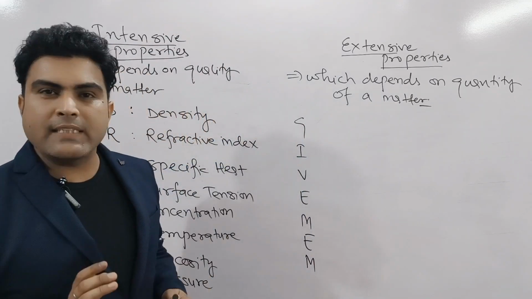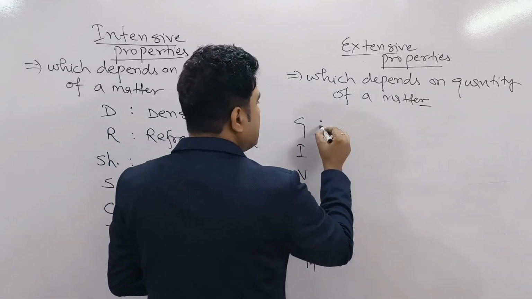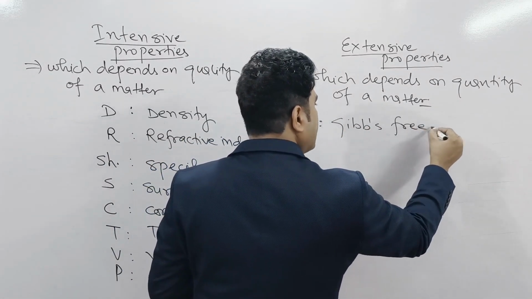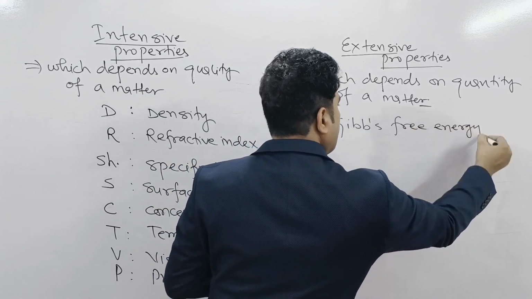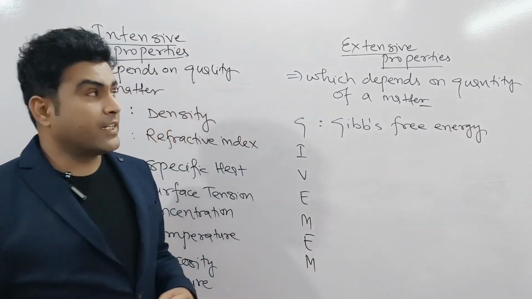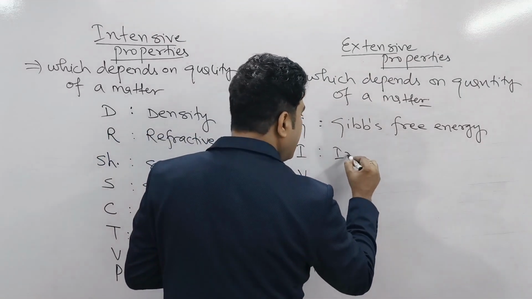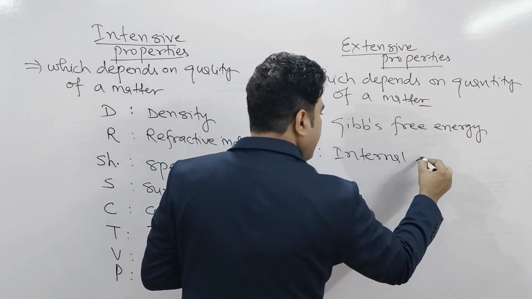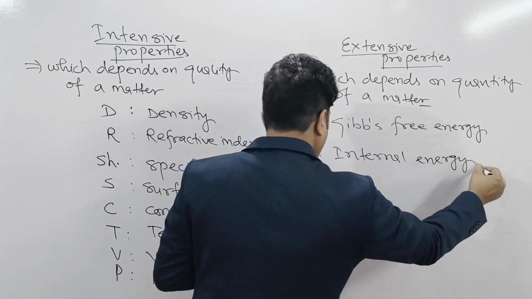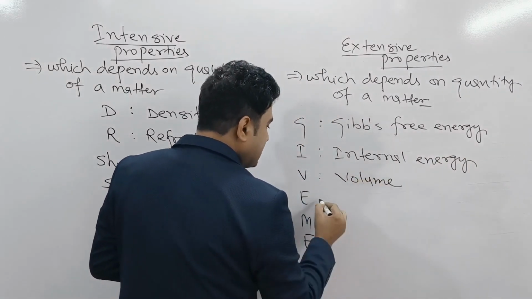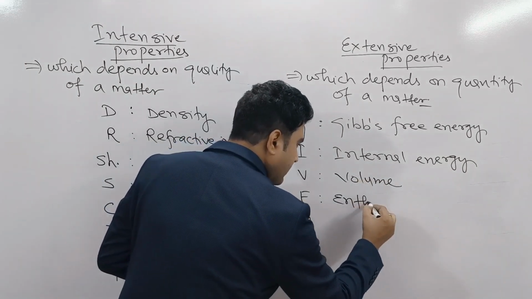Now let's go to extensive. G stands for Gibbs free energy. It is an extensive property. I stands for internal energy. V stands for volume. E stands for enthalpy.